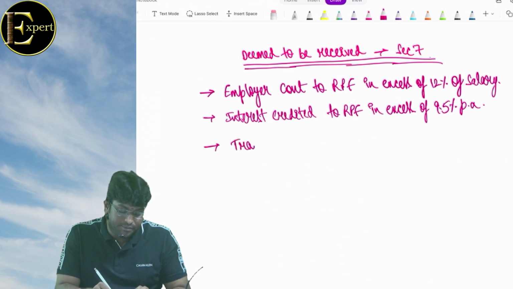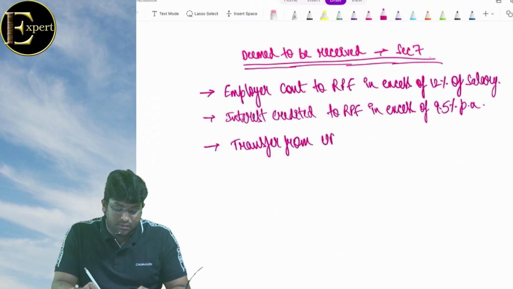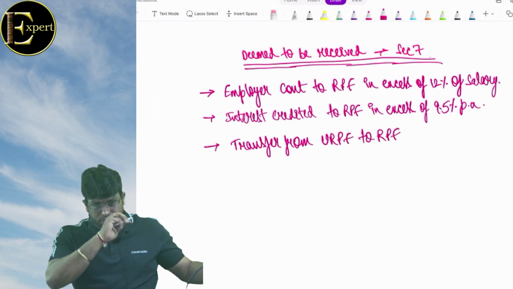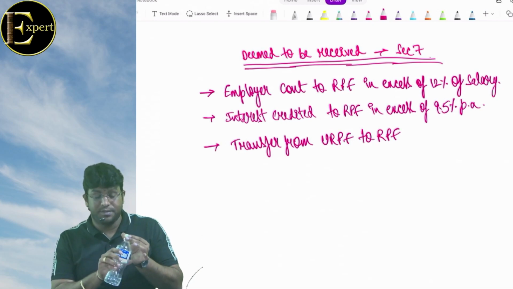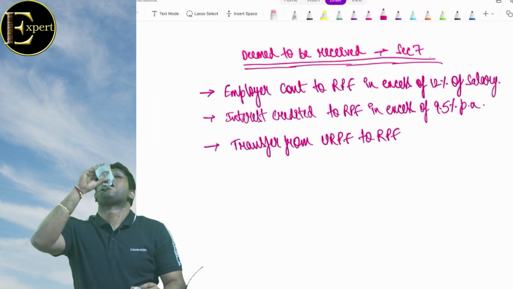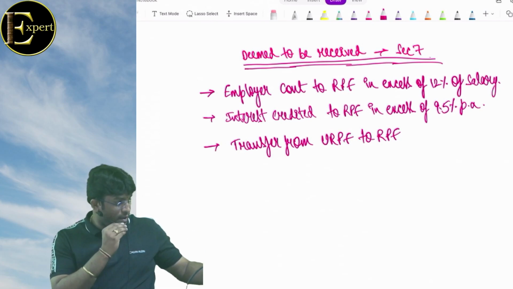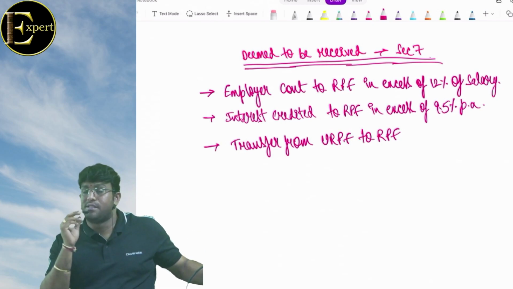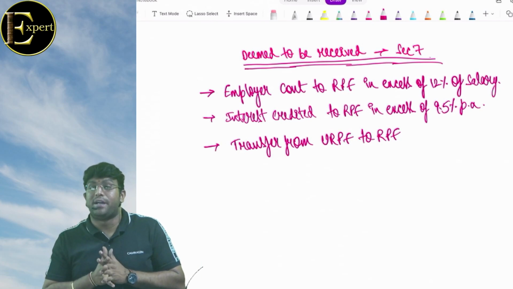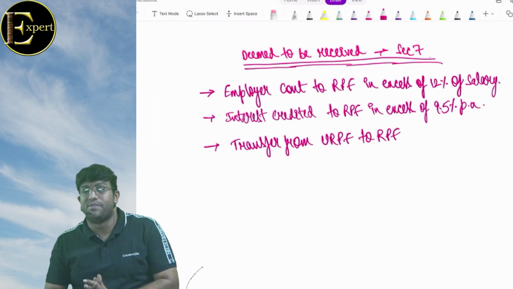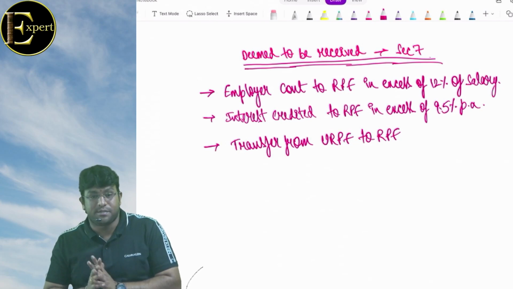Third point, transfer from URPF to RPF, excuse me. So if there is any balance which is transferred from unrecognized provident fund to recognized provident fund, that also will become taxable. Recognized, which is recognized by Commissioner of Income Tax.